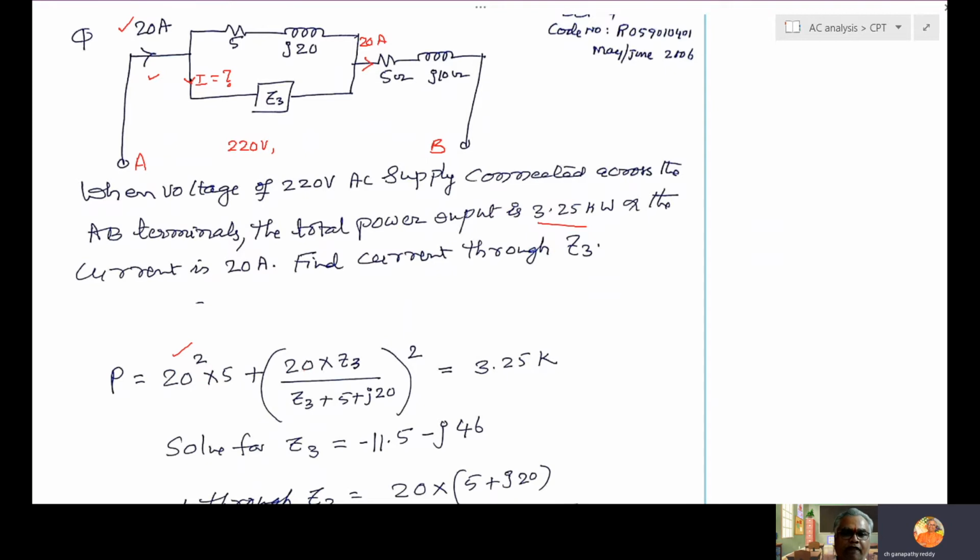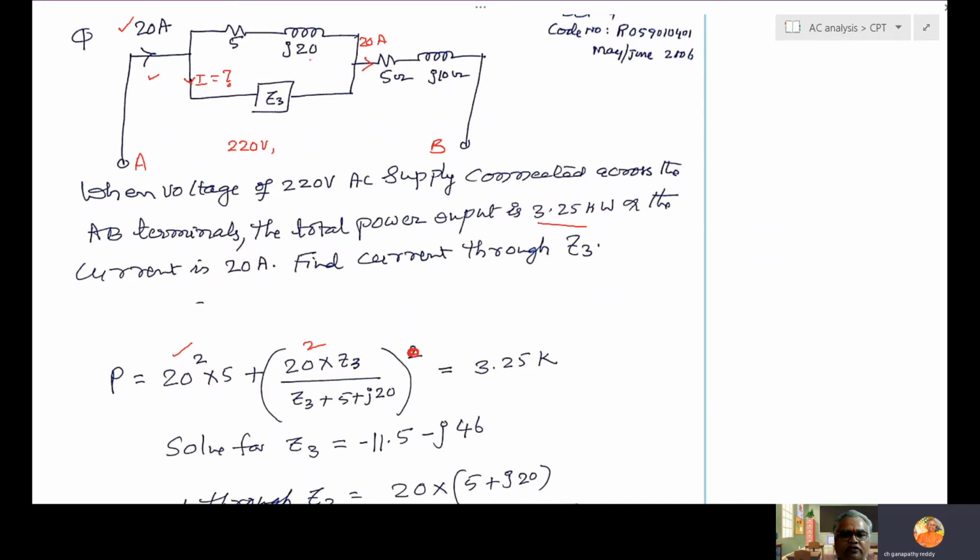20 square into Z3 parallel with 5 plus J20. Here 20 is the current squared, into the parallel equivalent. In this equivalent, how much current is flowing? 20. Which are parallel? Z3 is parallel with 5 plus J20.